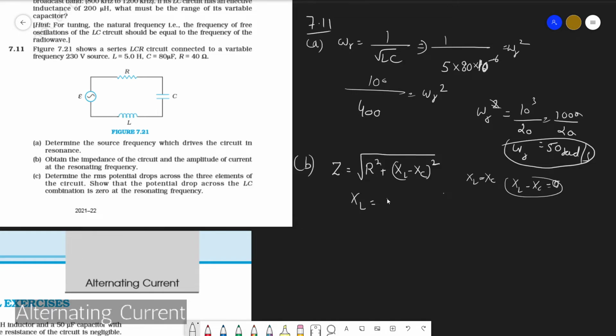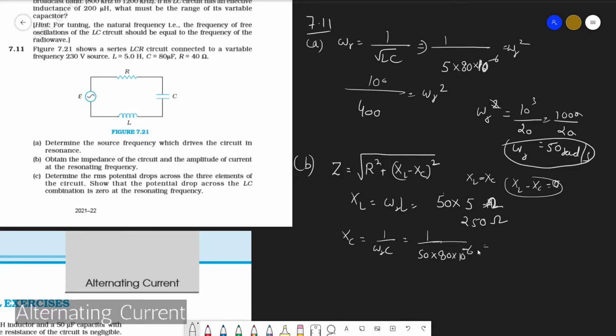XL is nothing but omega R into L, so this is 50 into 5 henries, which is 250 ohms. Reactance is in ohms also. And XC is 1 by omega R C, which is 1 by 50 into 80 microfarad, so 80 into 10 to the power minus 6.